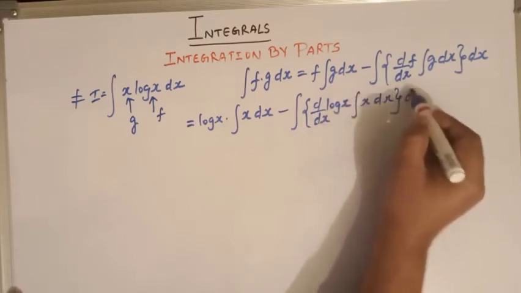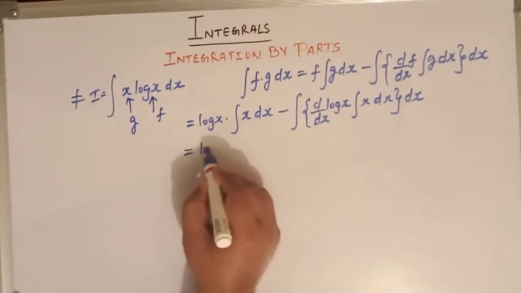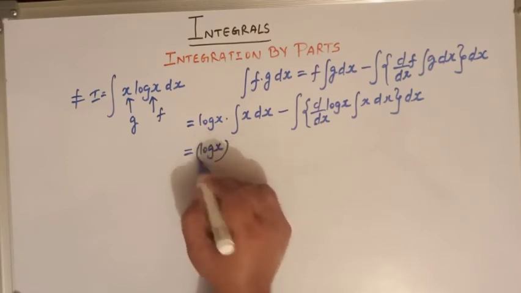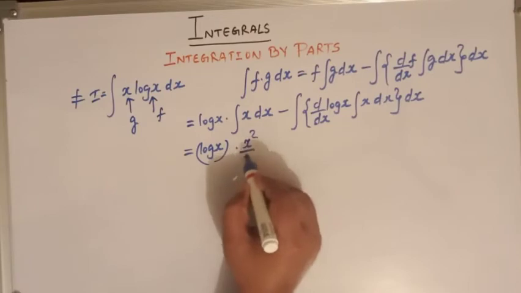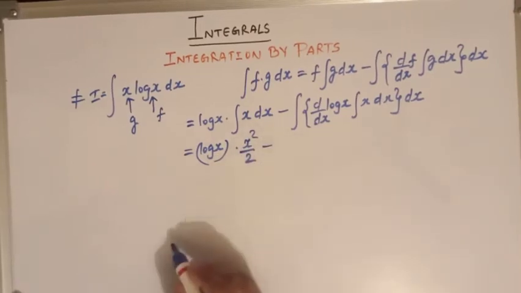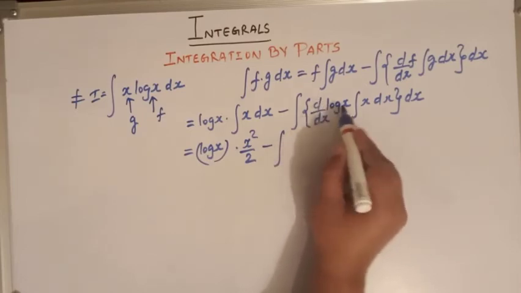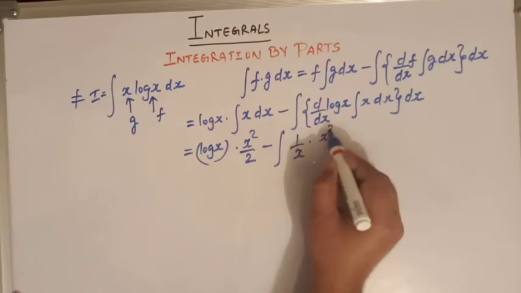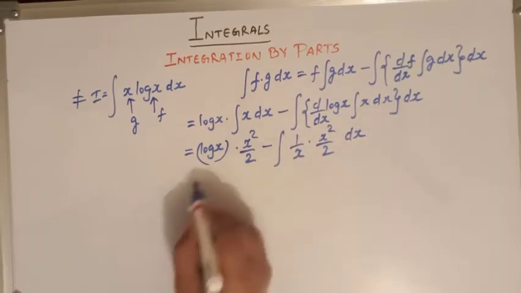Clear? Now here we have log x multiplied by the integral of x, which is x square by 2, minus, and then we have the derivative of log x as 1 over x. Here we have x square by 2, the integral of x, and then we have dx.